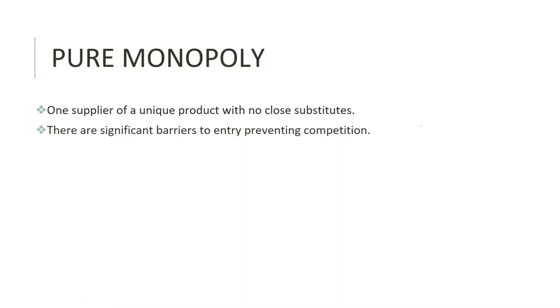To be a pure monopoly, there need to be significant barriers to entry, something significantly preventing competition. So, typically something legal or access to the resources or inputs needed for production.